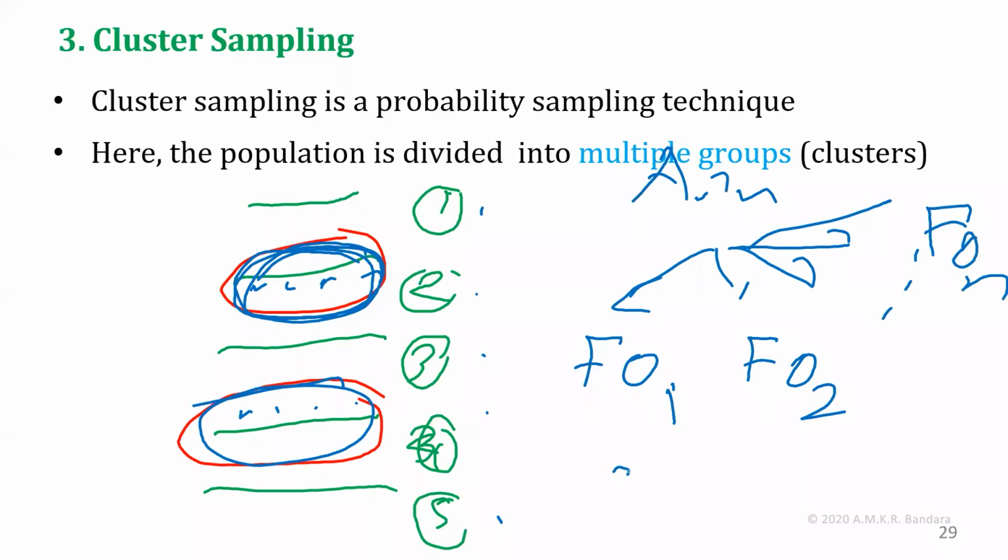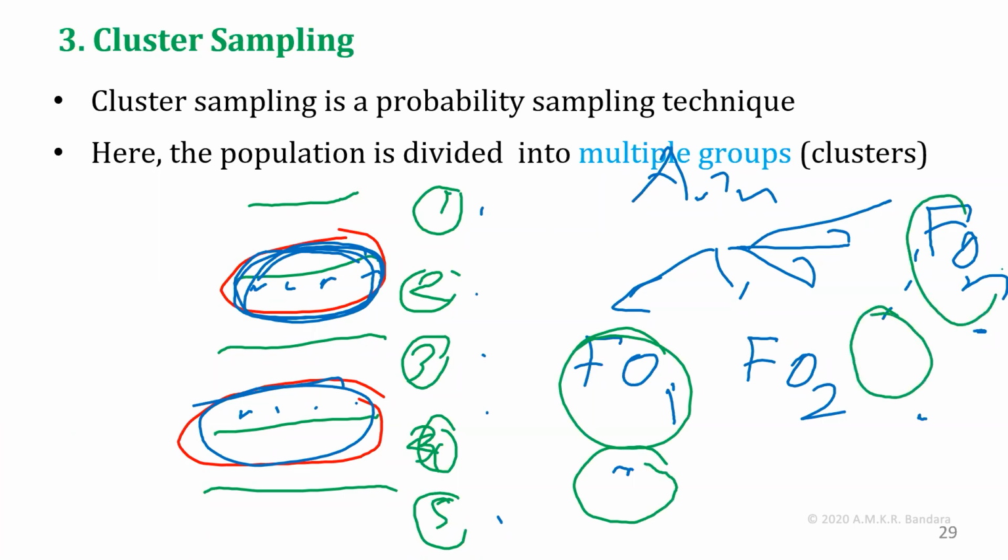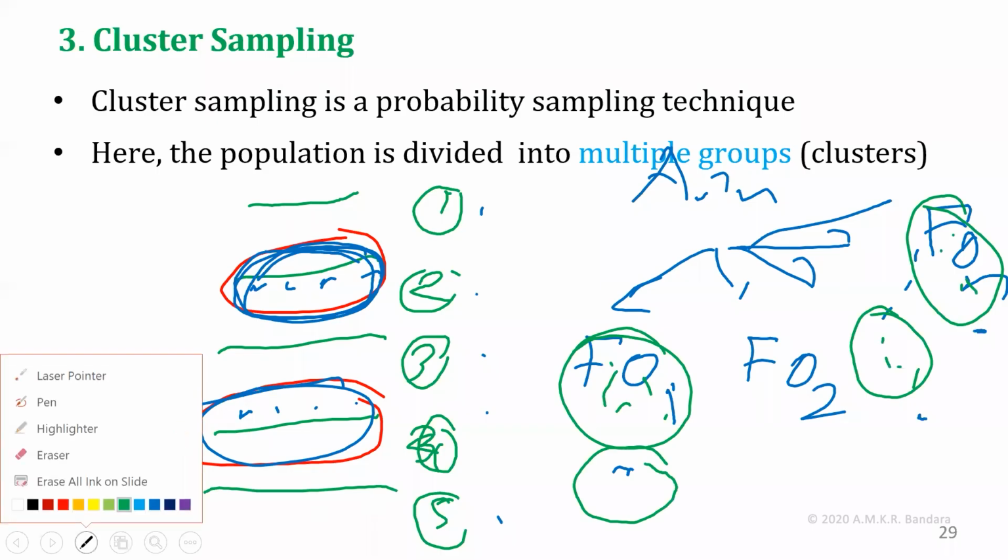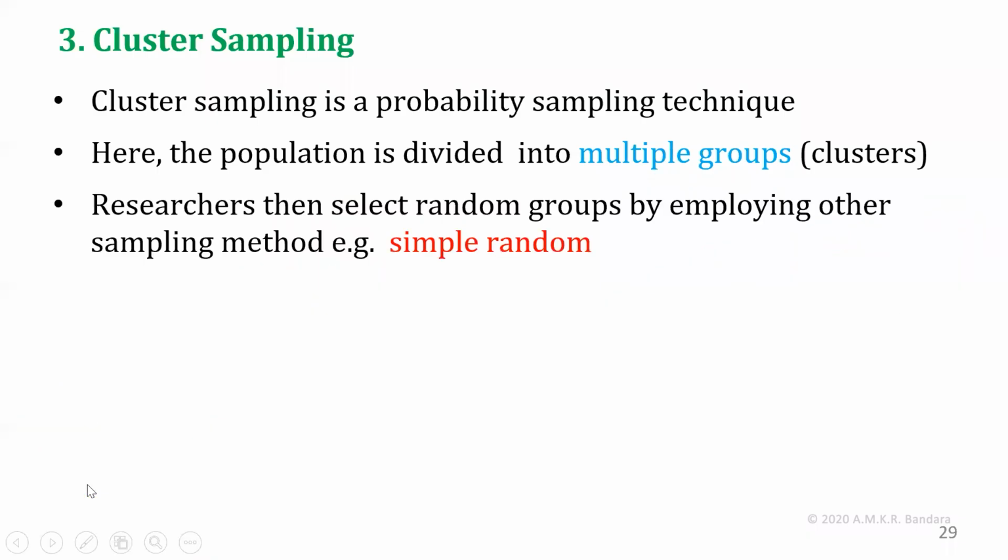Then randomly select one or two, several farm organizations. Then study the required characteristic of all the individuals in those selected farmer organizations. So this is the cluster. Within a cluster, we are not selecting individuals. We are including all the individuals of that selected cluster.